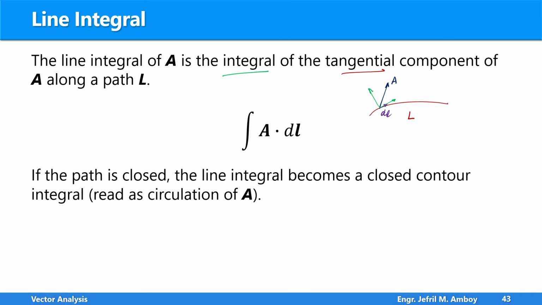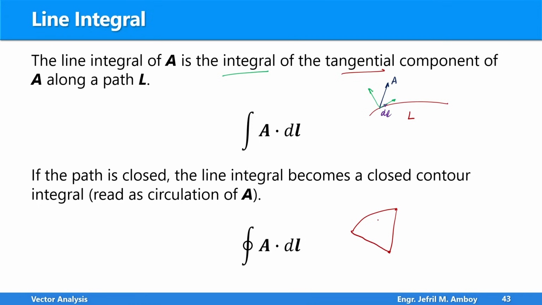Now, if the path is closed, the line integral becomes a contour integral, which is read as the circulation of A. So we write the circulation of A in this manner. We just put a circle in the integral sign to indicate that the path over which we are integrating is a closed path. For example, we have a path from here to this point, and then another path from here to this point, and then another path from this point back to where we started.